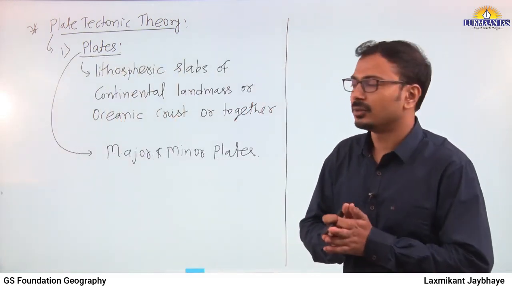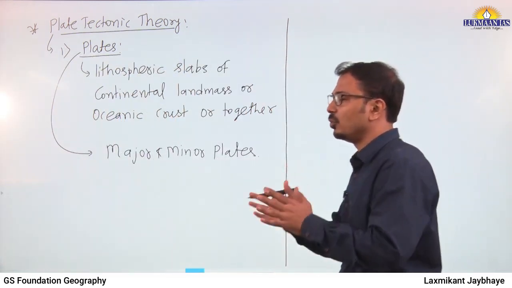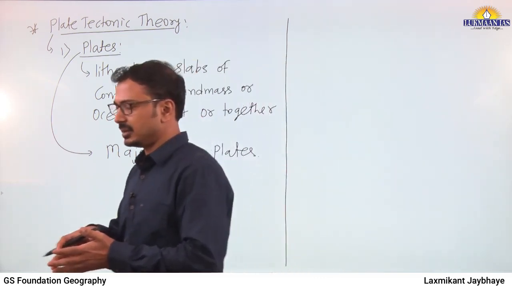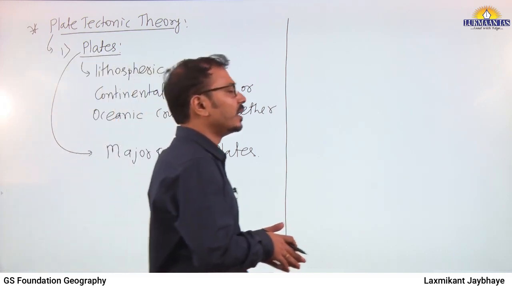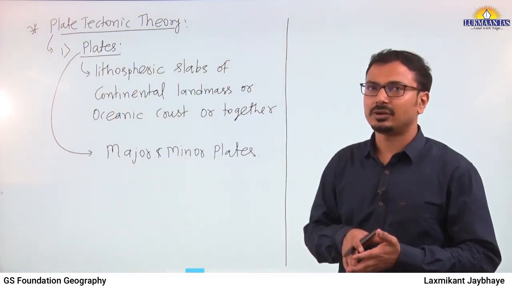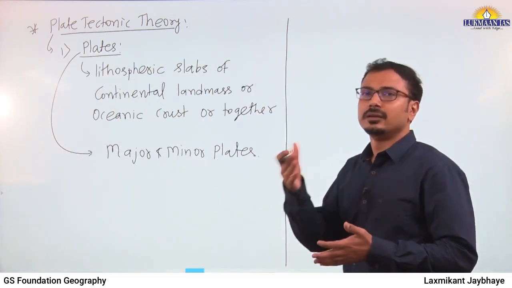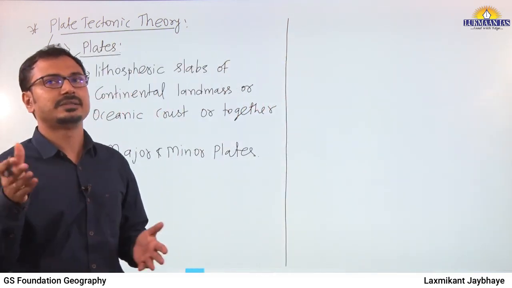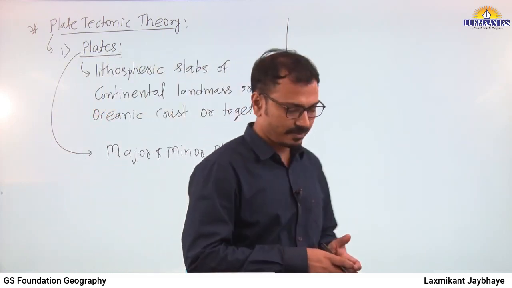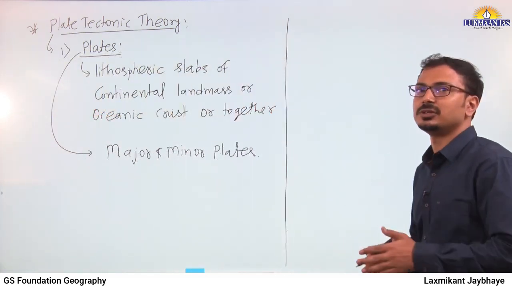Okay, now the force responsible for the movement of these lithospheric plates is convection currents, as explained by convection current theory of Arthur Holmes and further explained by Harry Hess in seafloor spreading hypothesis. Okay, the force responsible.